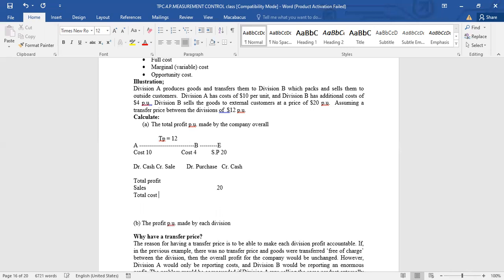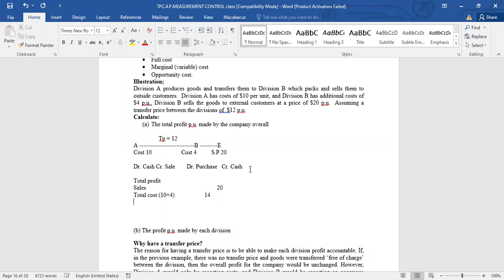Why? Because you had the 10 in A, and you had an additional cost of 4. It's additional. So that gives us a total cost of 14. So I'll end up having a profit of 6.